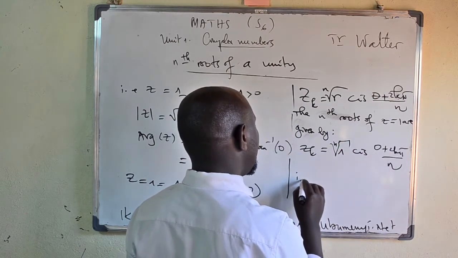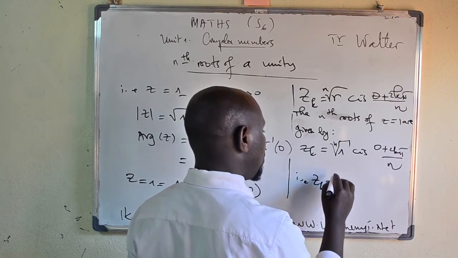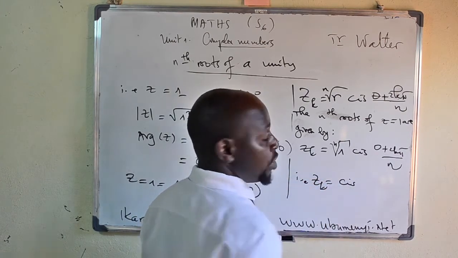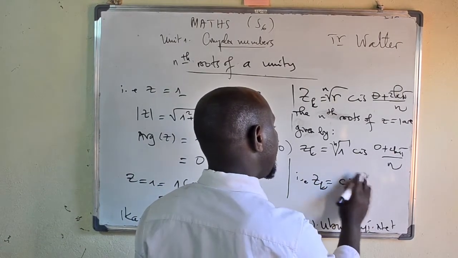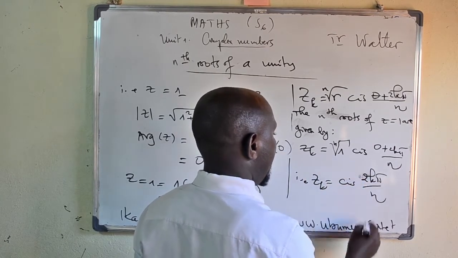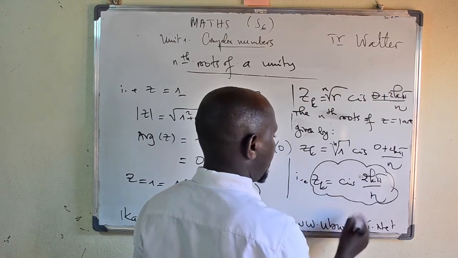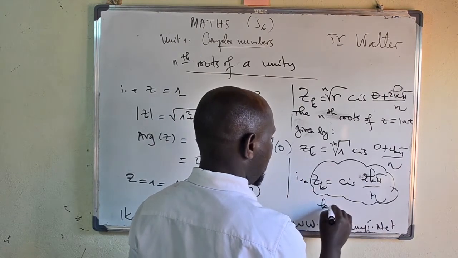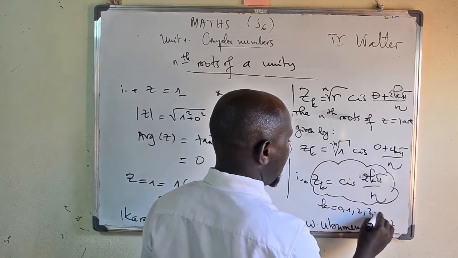And you will see that the formula becomes zk equal to cis of 2k pi over n, because 1 times anything is itself. This is now the formula for the nth roots of unity, and k is always equal to 0, 1, 2, 3, and we go on.